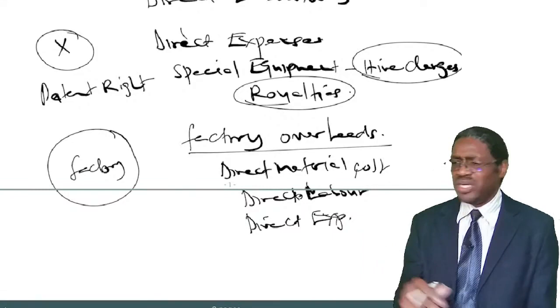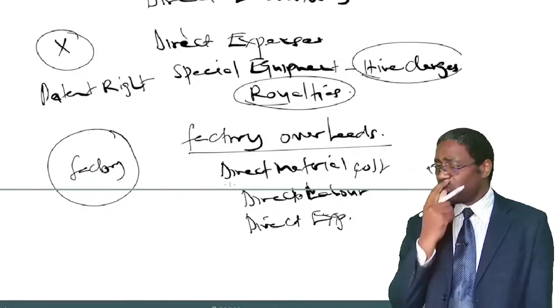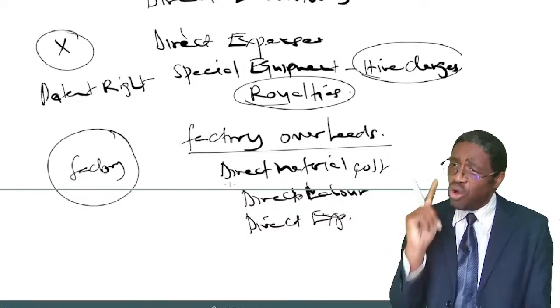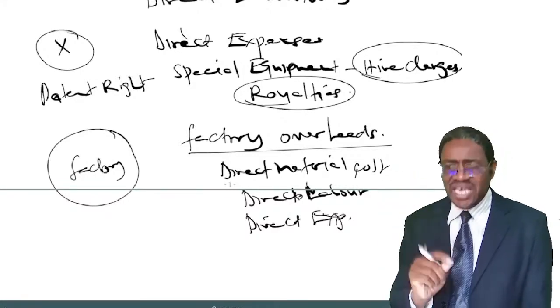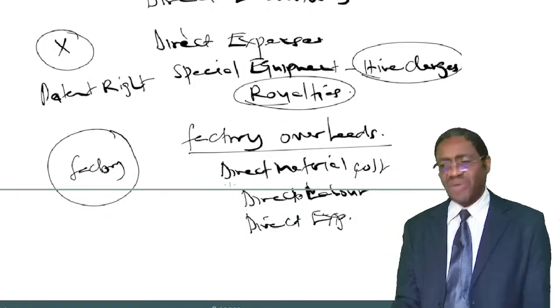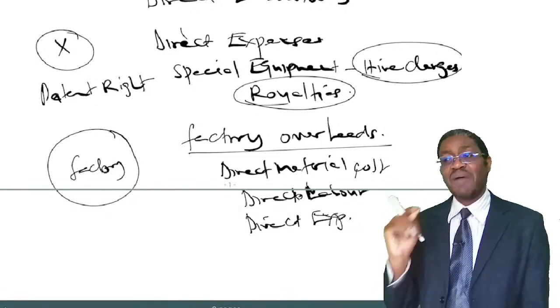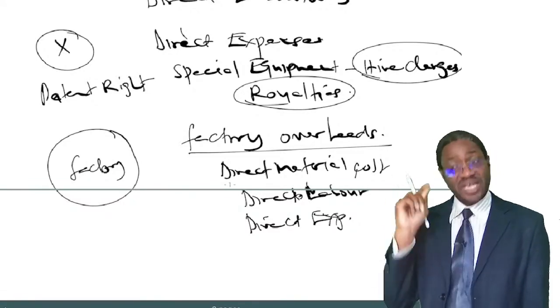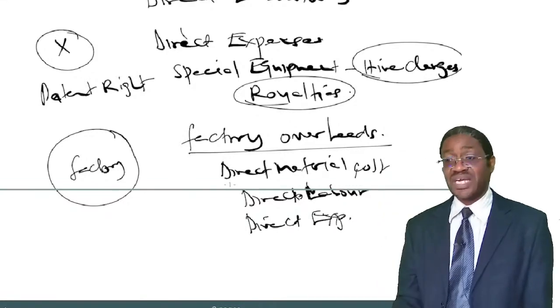Their wages, it's obvious it's a cost within the factory. But we are now going on to say factory overheads are any other expenses found within the factory, but not a direct material cost, not labor cost, and not a direct expense.